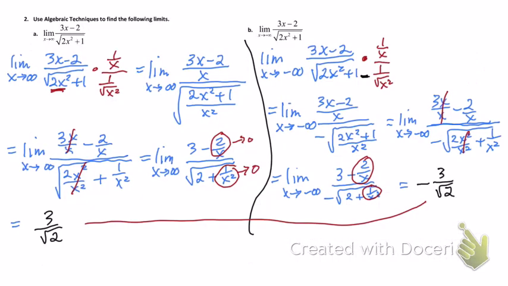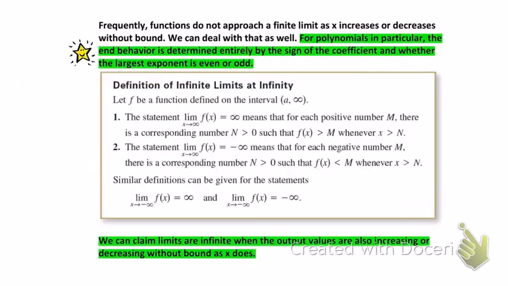So remember this trick that we did right here. That negative sign had to be there. Not all functions reach a nice limit of 3 or 3 over the square root of 2 or a number. Sometimes that function is going to increase or decrease without bound as x gets larger or smaller.